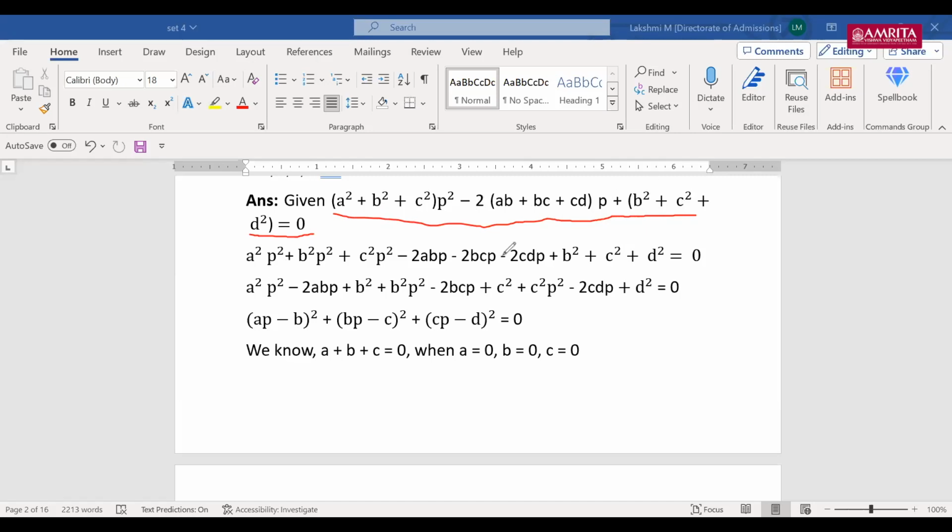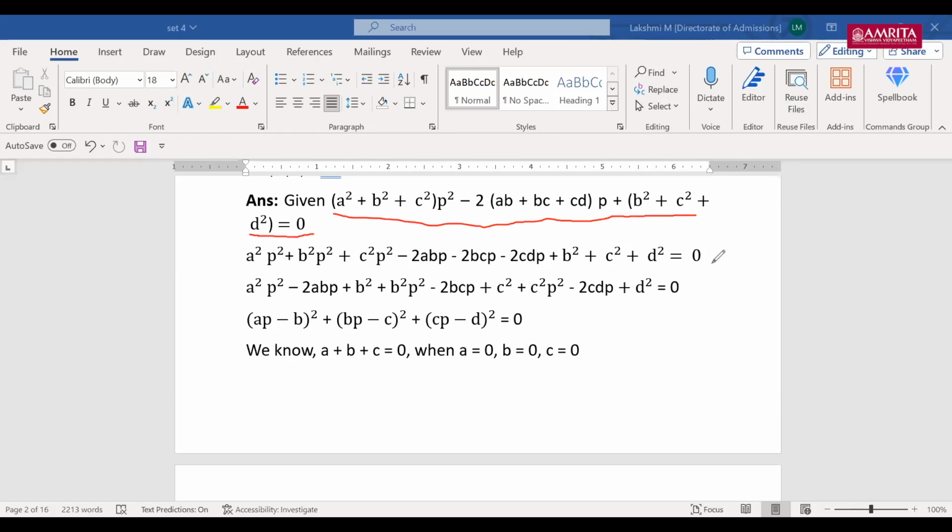Initially you can just expand this. So this will be A square P square, B square P square, C square P square, minus 2ABP minus 2BCP minus 2CDP, plus B square plus C square plus D square equal to 0.